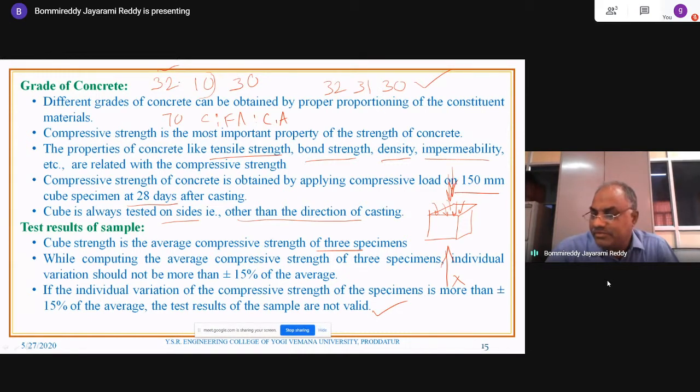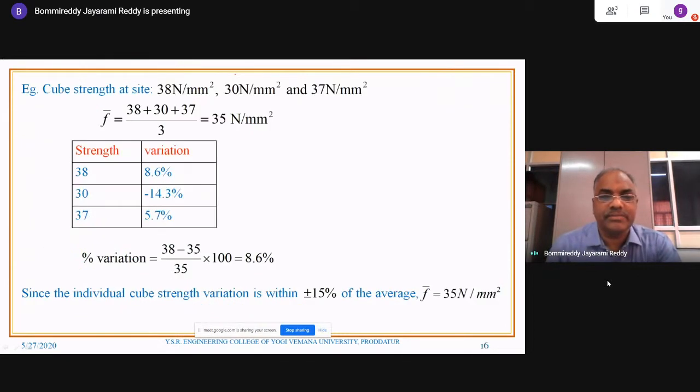In the case of 32, 10 and 30, the variation is more than plus or minus 15%, so the results are not good, the average of these three specimens is not correct, and some other method has to be used to determine the strength of the concrete.